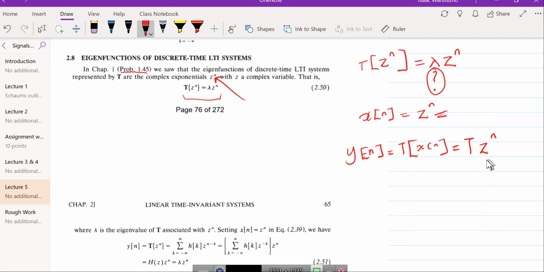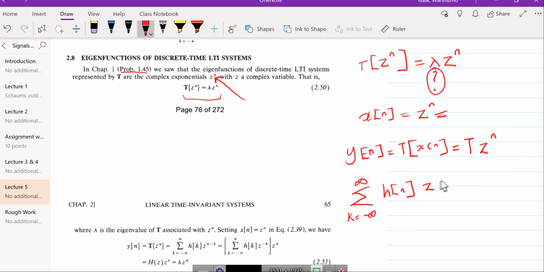And therefore, by definition, we know that T is defined by the impulse response, which is described by the convolution sum, with k from minus infinity to infinity of h of k times x of n minus k.